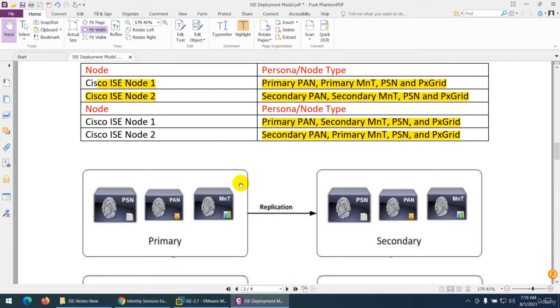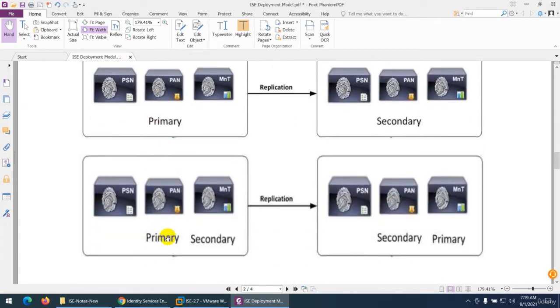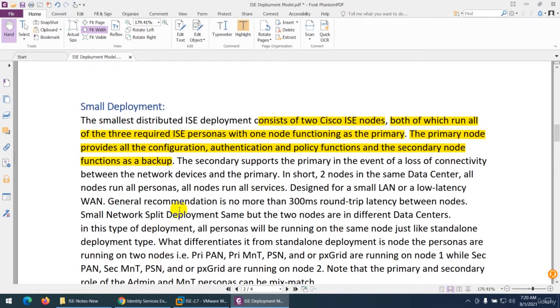So now it's up to you how you use them. You have two boxes and you have two different methods to deploy. Either make one box totally primary and the other box totally secondary, or make one box primary and secondary and the other box also primary and secondary for the two services, basically two personas. And that's what I have written here.